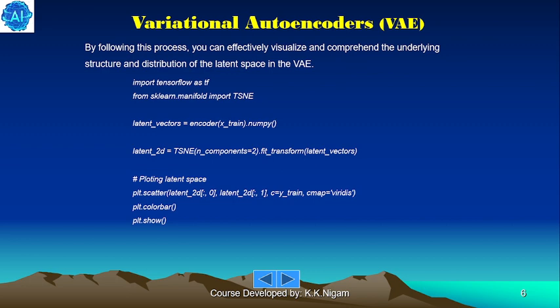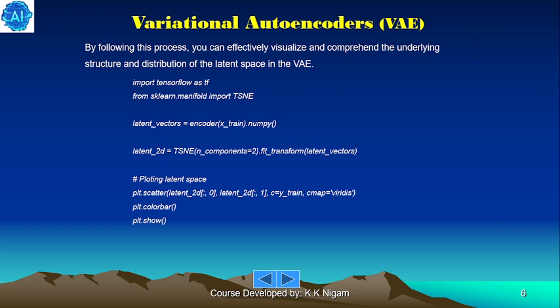The following process can effectively visualize and help comprehend the underlying structure of the distribution of the latent space in the VAE. Again, here is the code for that. Import tensorflow as tf, from sklearn.manifold import TSNE. Latent vectors is equal to encoder of x_train dot numpy.